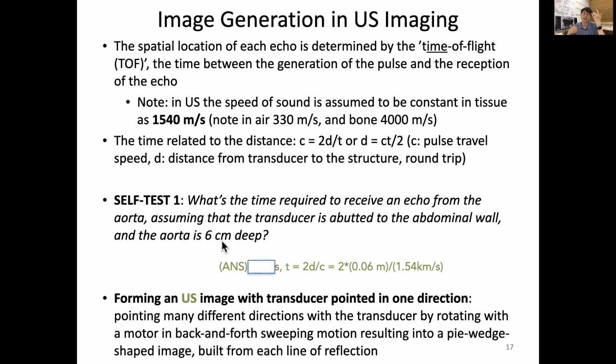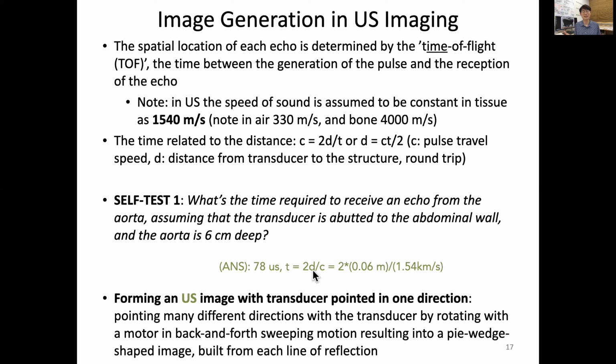Then what will the time be? Based on this formula, time will be 2 times distance divided by speed. In the abdomen, the speed of sound will be 1.54 kilometers per second, and the distance D is, let's say, 6 centimeters. Then if you calculate it, you get about 80 microseconds.